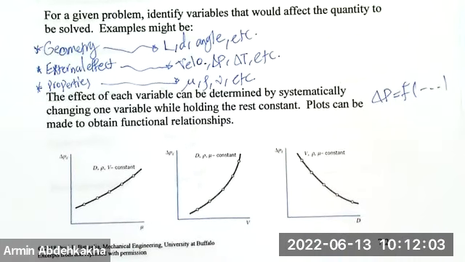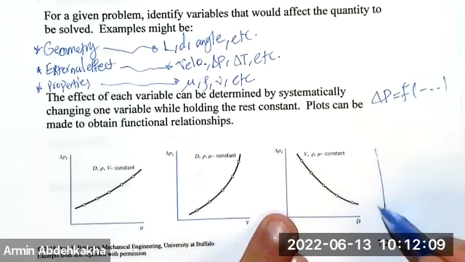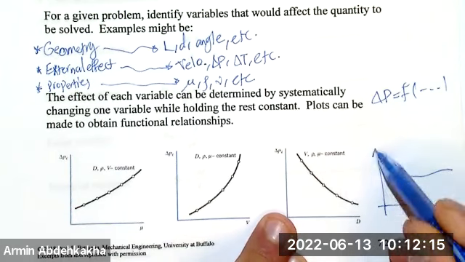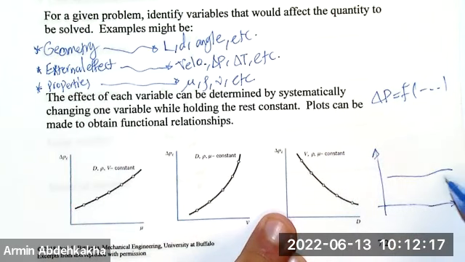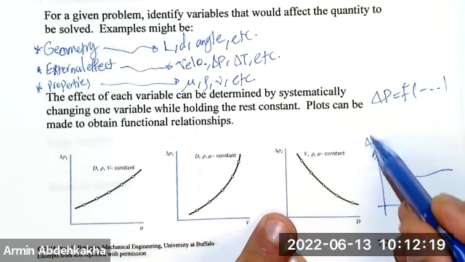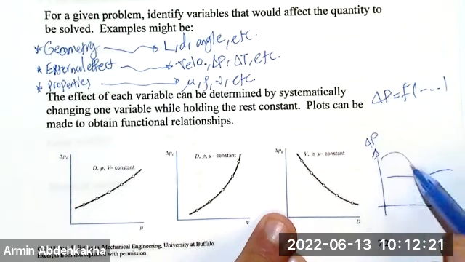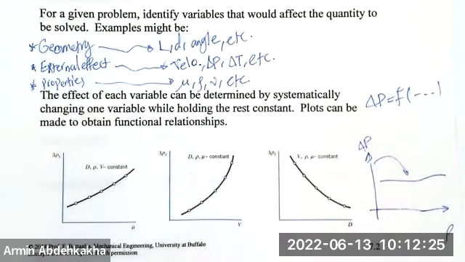By this changing, for example, pressure difference for mu is like this. Then you will also have the sensitivity of delta P to that parameter, which is rho, for example.